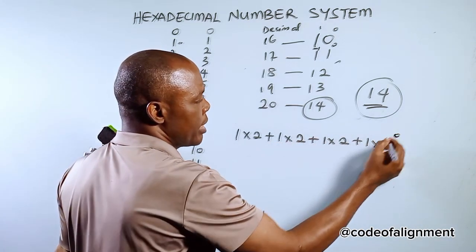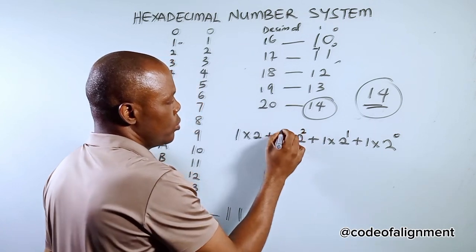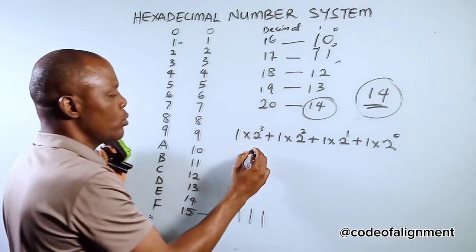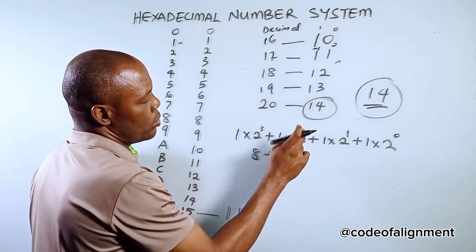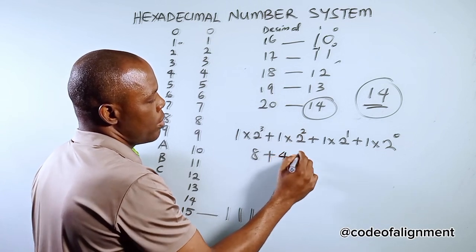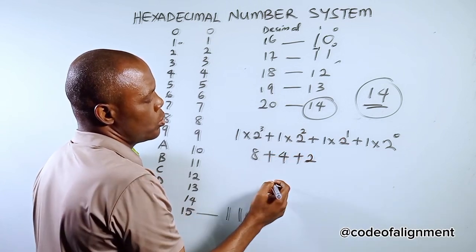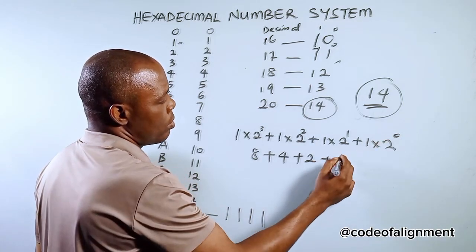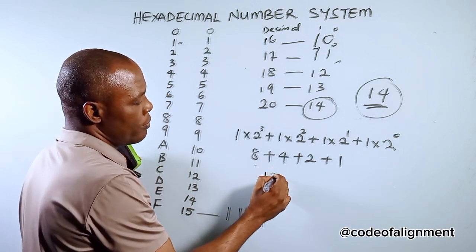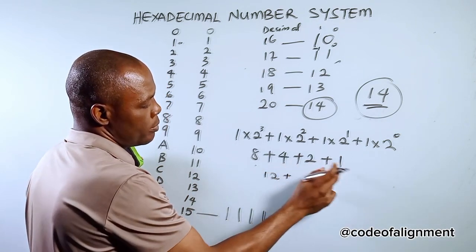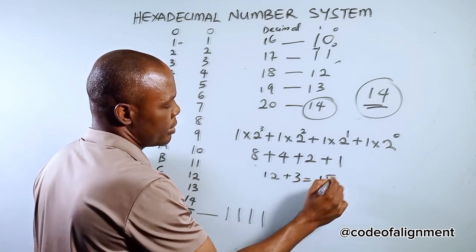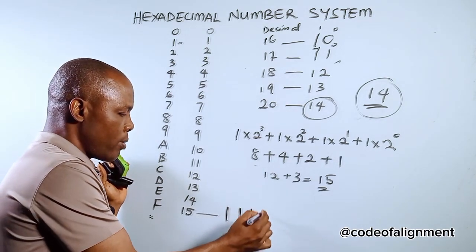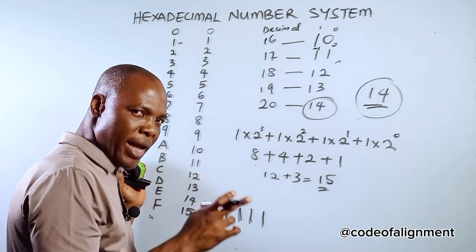Going by position, this is 0, this is 1, this is 2, this is 3. So that is 8, plus 4, plus 2, plus 1. So this plus this gives you 12, plus this plus this gives you 3. So this is 15.